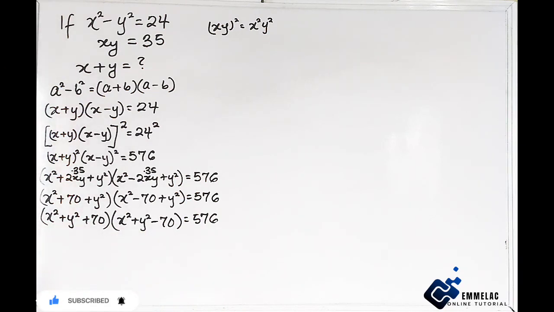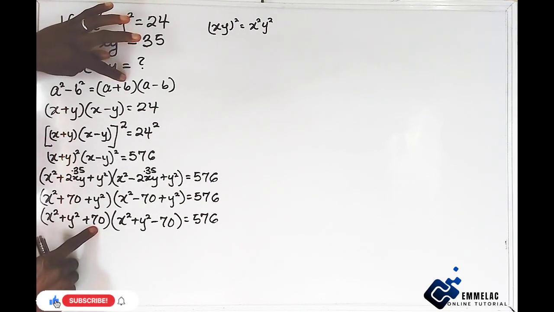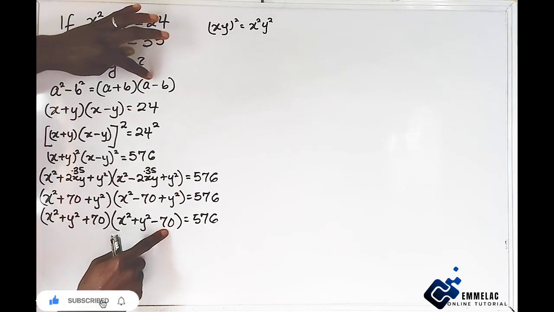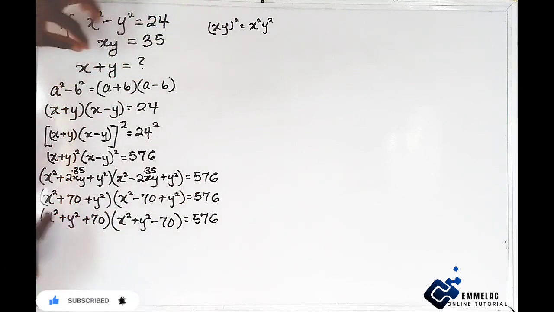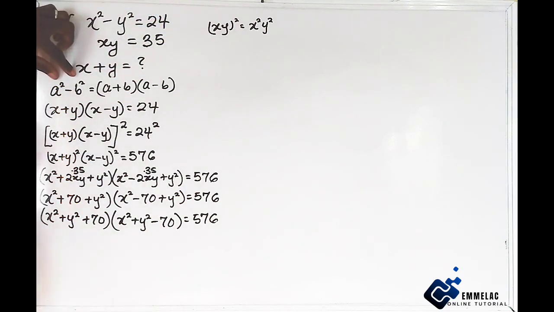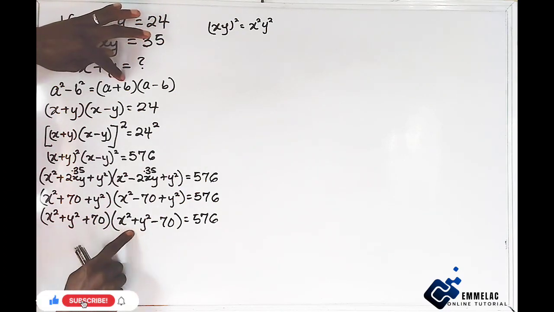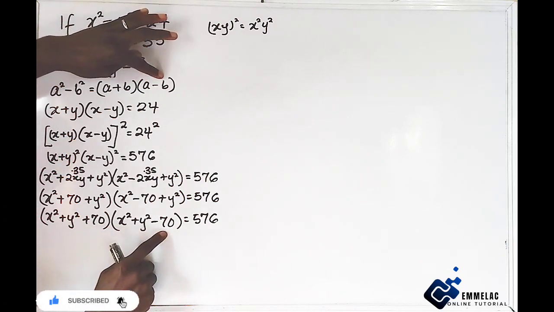Okay, so at this point we can look at this. You can see that this is the same thing as a plus 70, and this one is a and 70. This expression is the same thing, which means we can revert it to this one, which implies that our a is x squared plus y squared, then our b is 70.